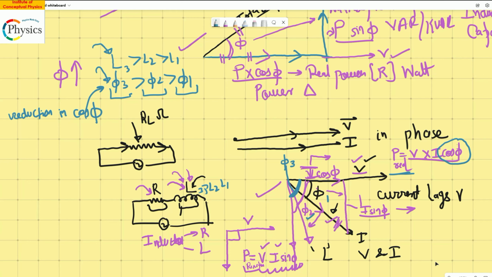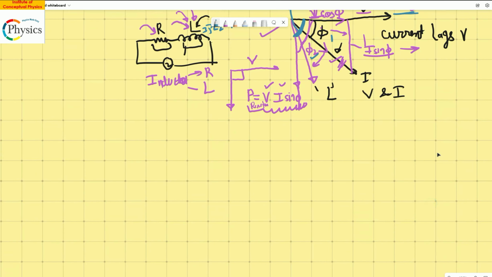I will just write it neatly for you again. So I'm saying if the angle reduces, phi reduces, and I'm giving you an example of an inductive load, then cos phi goes up. Cos phi increases, right? Because the angle phi reduces, cos will go up.